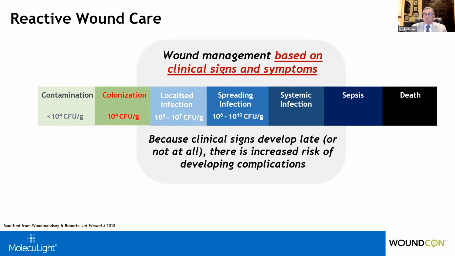Unfortunately, from a clinical perspective, even though that level of bacteria is important, most times that's not clinically evident. Then that can progress on to a local infection, a spreading infection, cellulitis, systemic infection, sepsis, and even death. Next slide.